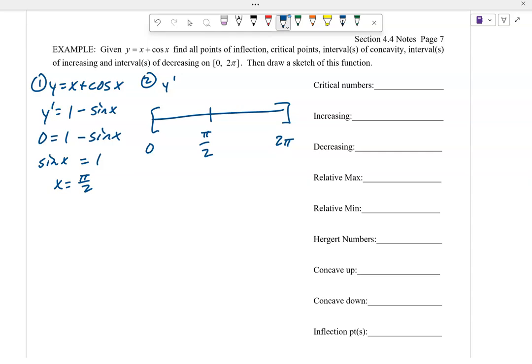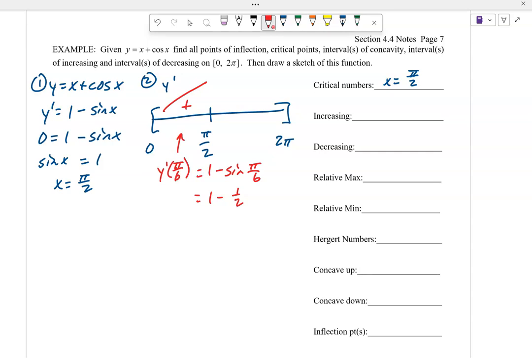It is defined in the original function, so it is a critical point here. Let's throw in maybe pi 6 or something, right? So I got 1 minus the sine of pi 6. Sine of pi 6 is a half, so that would be positive.